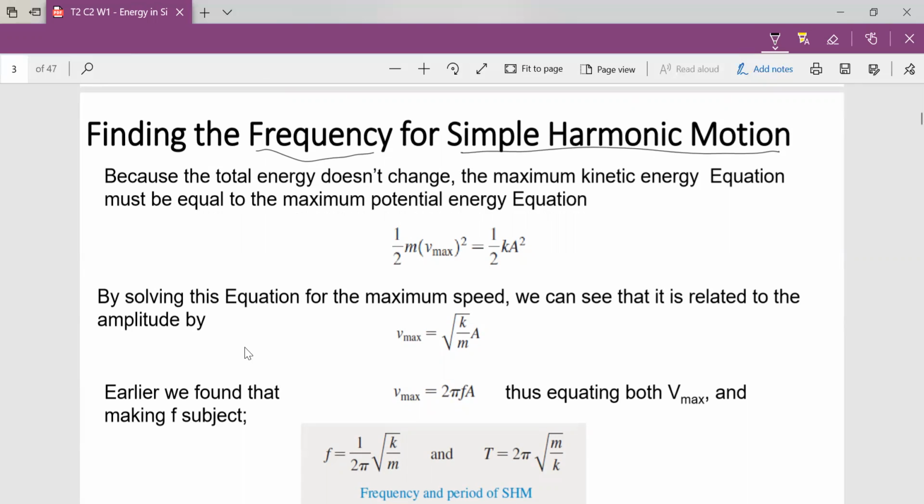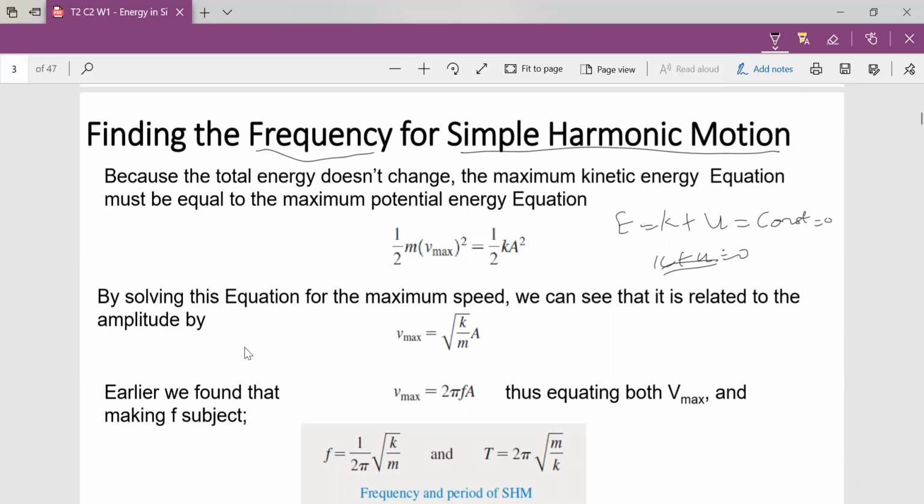The equation for the kinetic energy and potential energy, which we saw earlier, is equal to a constant. If K plus U is constant, it means that at a point, K was equal to U.